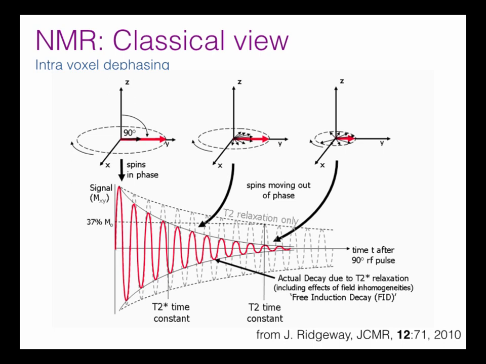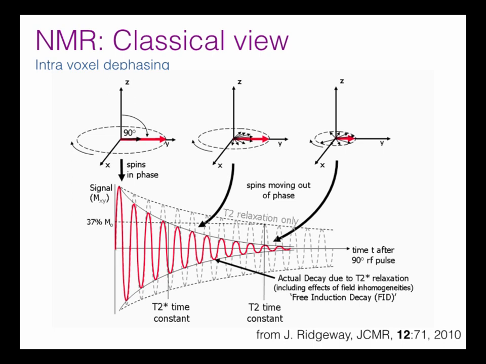If we had a sample with spins in different places experiencing different magnetic fields, some of those will be precessing at slightly higher frequency, and all these different spin vectors will gradually get out of phase with each other, and the signal will decay like this. So instead of having T2 relaxation only, we end up with a greater relaxation rate, and this is known as the T2 star rate.